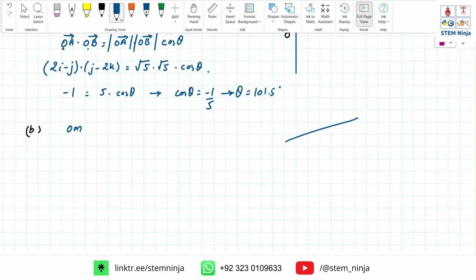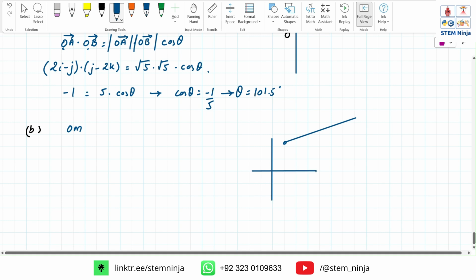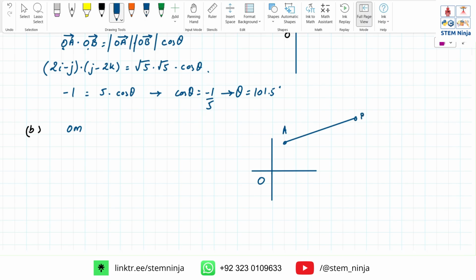So let's say this is O. This is B. There's an easier formula for this also, but I want you to see how we have OA and OB, and this is M over here.